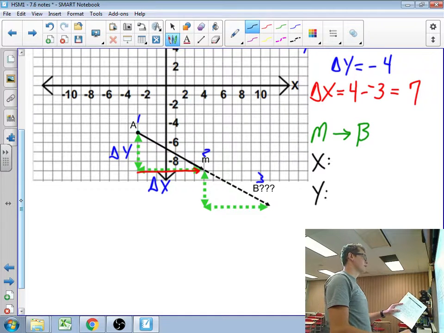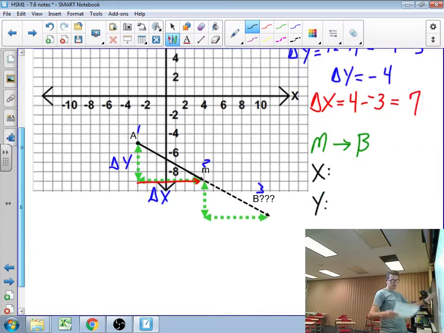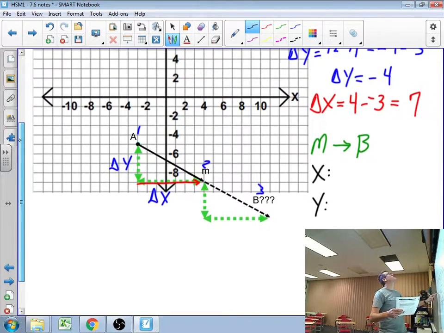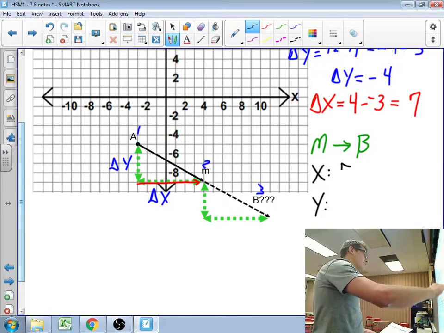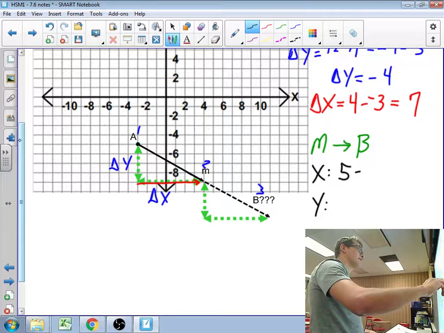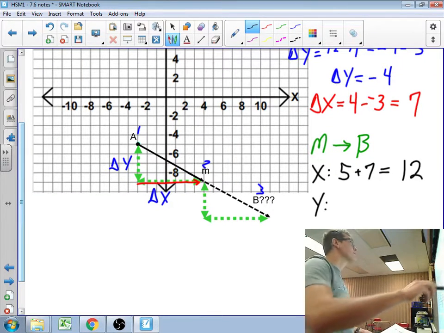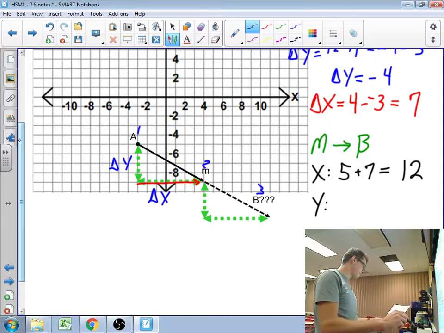So my X on my midpoint is, I have these right here on the paper, making sure you can still see. My X from my midpoint was 5, so 5 is going to then add 7, so my new X will be 12, and then Y is going to start at the -8 value.